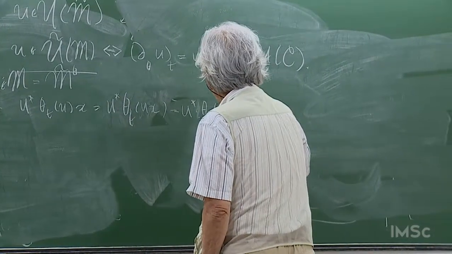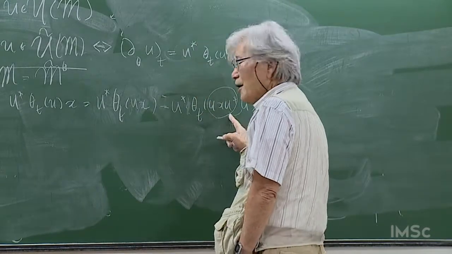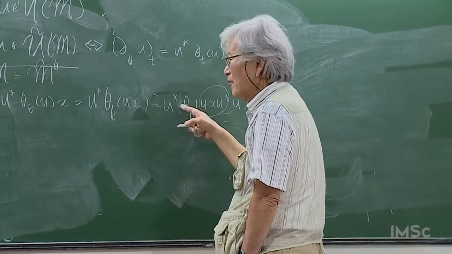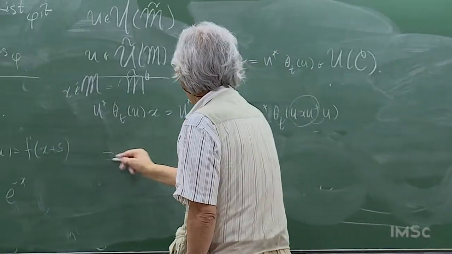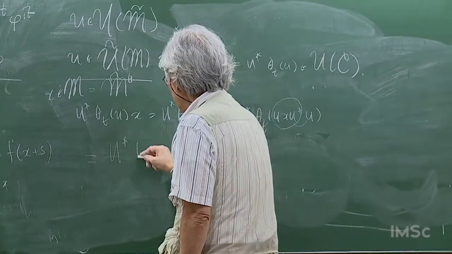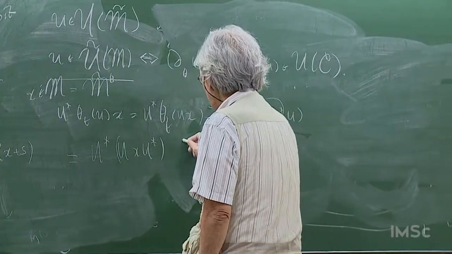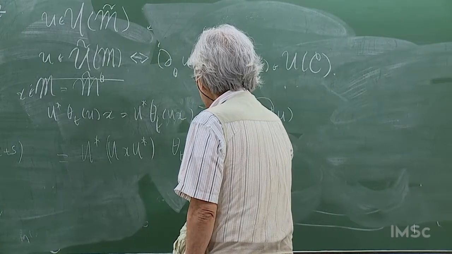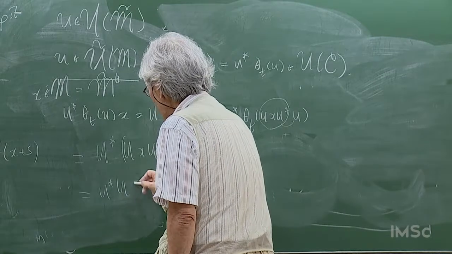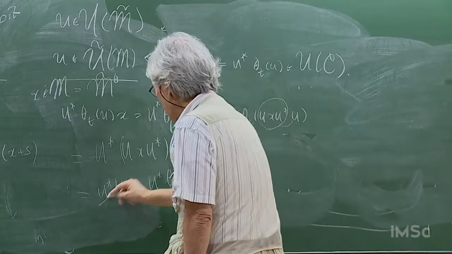Now, U is a normalizer, so U X U star is an element of M. So it hops out again. So this is U star, U X U star, and theta T of U, and by associativity, U star U X U star theta T of U. So this drops.